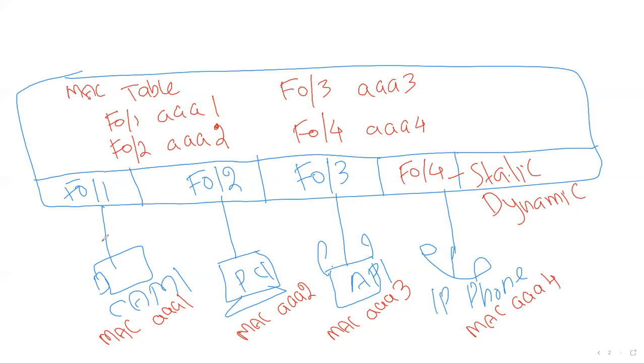If you have two systems, PC1 and PC2, and PC1 wants to communicate with PC2, initially PC1 does not know who PC2 is, and even the switch does not know. So there is a call flow, a procedure, to learn each other. We will learn that in our next session.